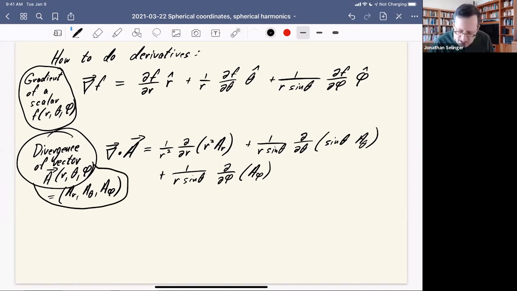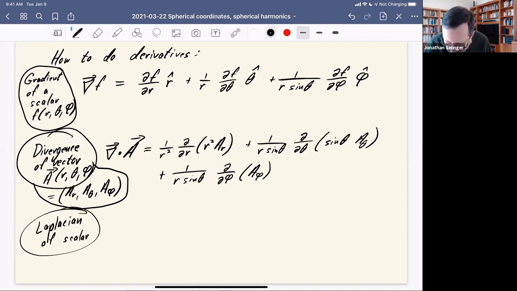Okay, and then what if you want the Laplacian of a scalar? So, we have talked last week about the Laplacian operator, that shows up in Schrodinger's equation, and that is equal to the divergence of the gradient of f.